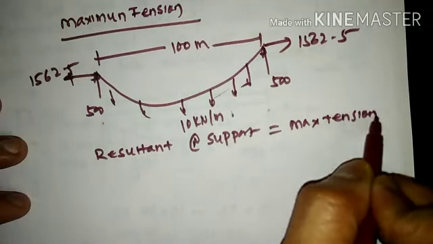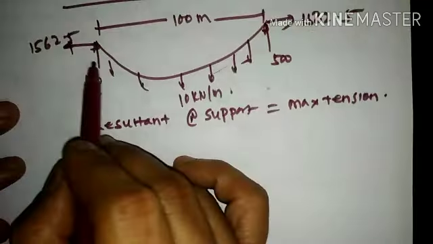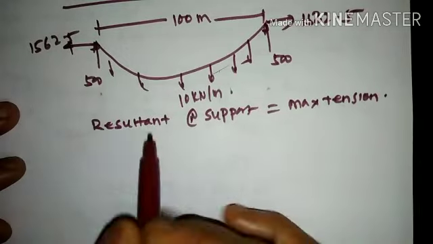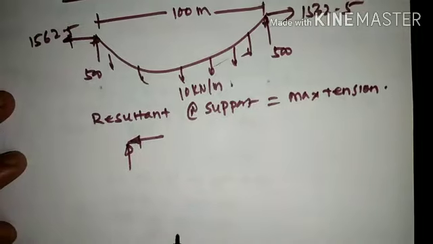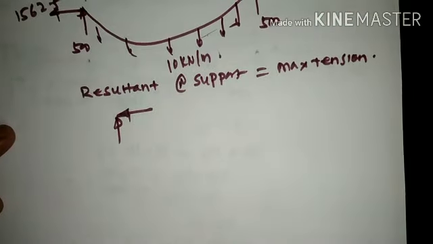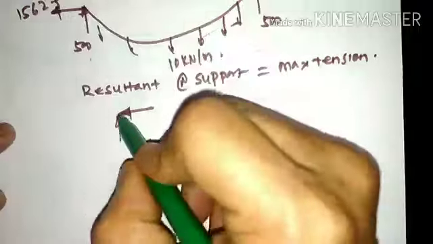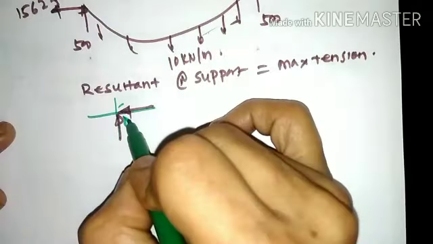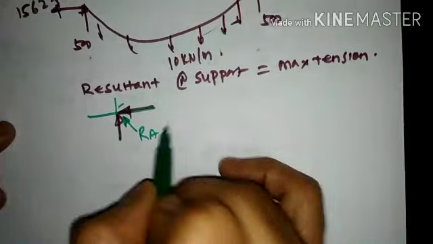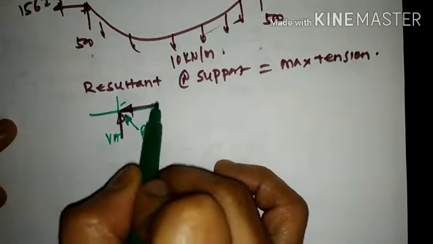Now how to find out the resultant? Here there is a force moving on the left hand side and a force moving on the right hand side. The combination of both these forces is nothing but the resultant force. This particular force component will have a resultant force component RA, which comes from VA and HA.